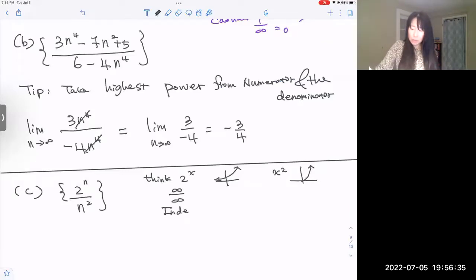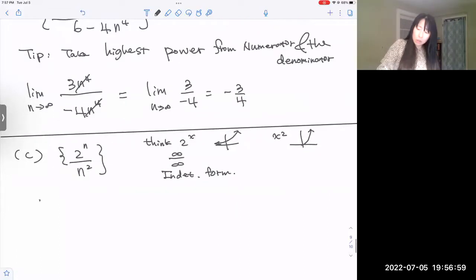Then your classmate says that, oh, we can use the L'Hopital rule, right? All right, so in order to use the L'Hopital rule, we have to have a function with the real numbers because we must be continuous, right? So the derivative must be continuous. So we're going to change that to a function notation. Let us do this.